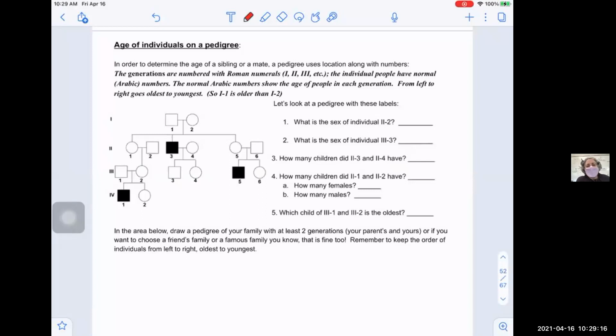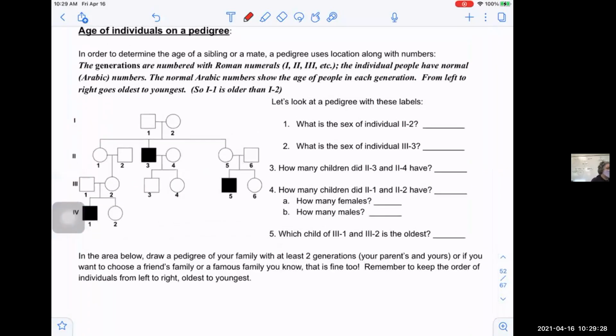All right, so we also have a way to organize a pedigree, and we do this by labeling each person. In order to figure out the age of a sibling or a mate, we use location along with numbers. So we label the generations with Roman numerals.